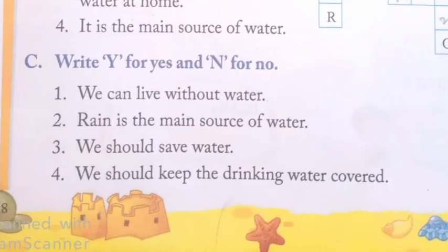Then you are given part C: write Y for yes and N for no. I'll be reading point number 1: we can live without water. Is it true or false? We cannot live without water. Therefore we'll write no or N against part number 1. Part number 2: rain is the main source of water.